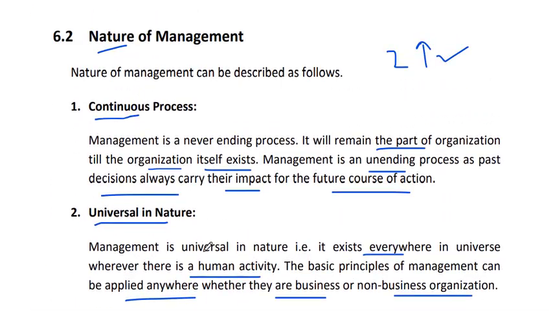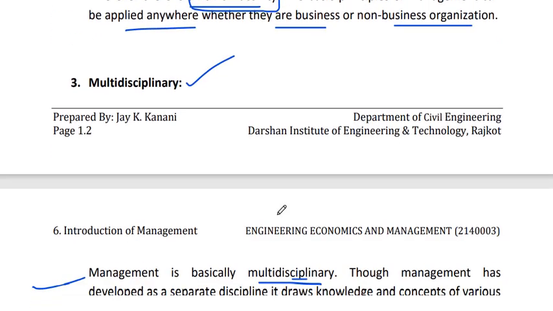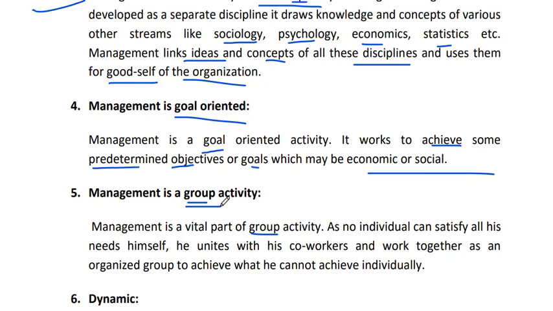Earlier I said that it's everywhere: when there is human activity, management will be there. So for human activity we compulsorily have to form a group, as no individual can satisfy all of his needs himself. Our goal is something that I alone will not produce; I will require friends or others. So we have to unite with co-workers and work together as an organized group to achieve what he cannot achieve individually.